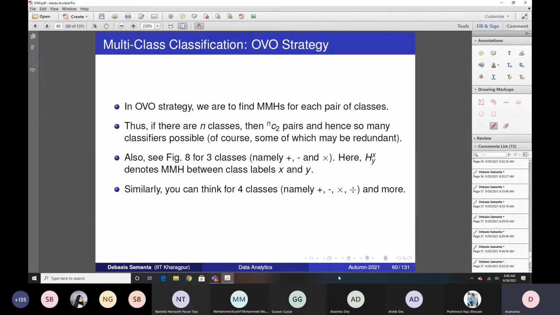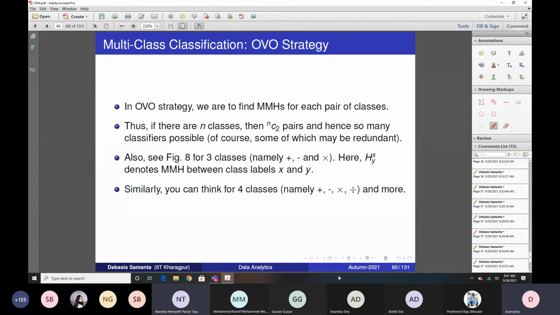Now, what will be your decision then? You have delta 1x, delta 2x, and delta 3x. Out of these, you will see one gives one sign and the others always give different values.